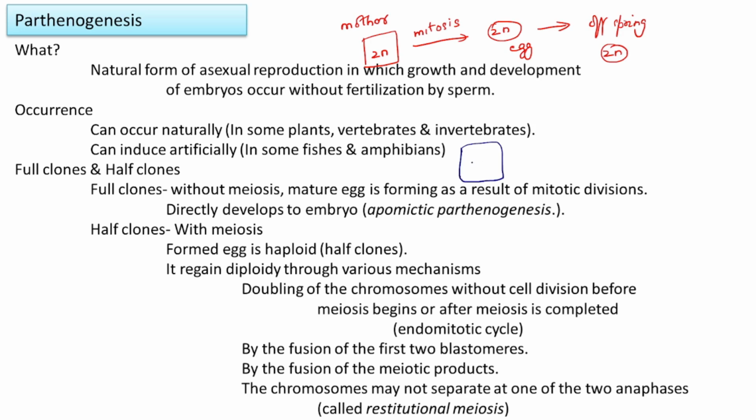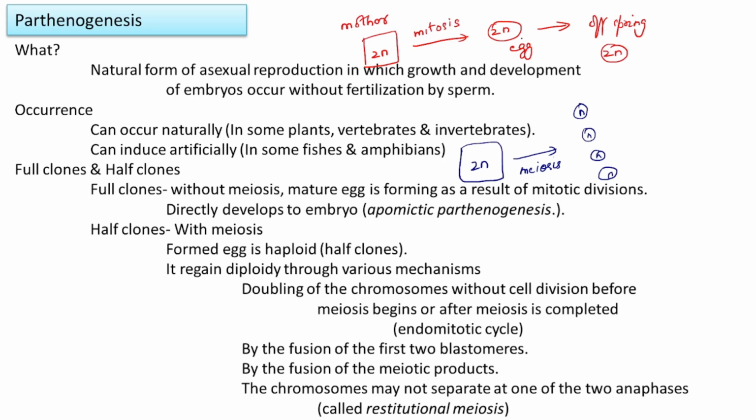We know that it is diploid, and here that germ cell undergoes meiosis. As a result of meiosis, 4 cells will form and they are all haploid, and one among them will be the egg. And here the eggs are haploid.